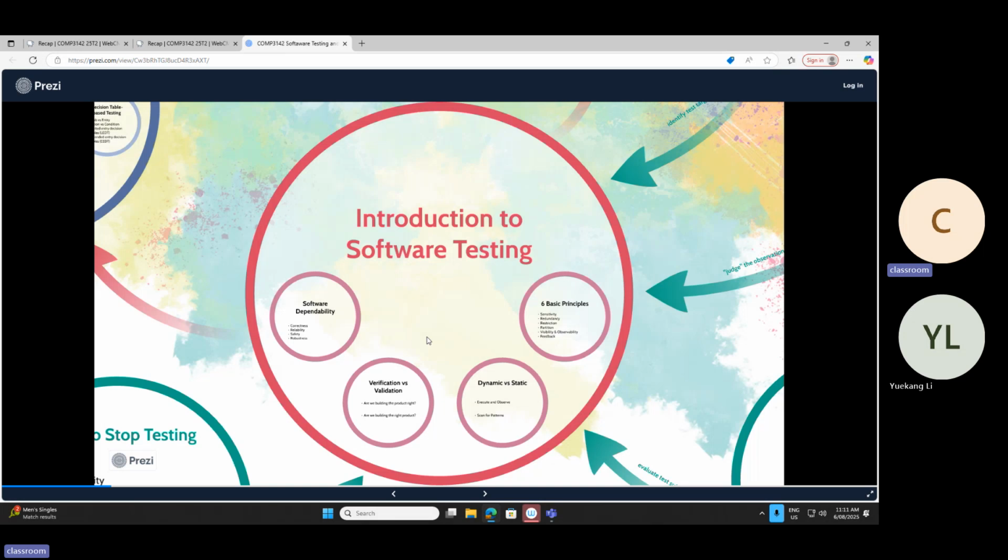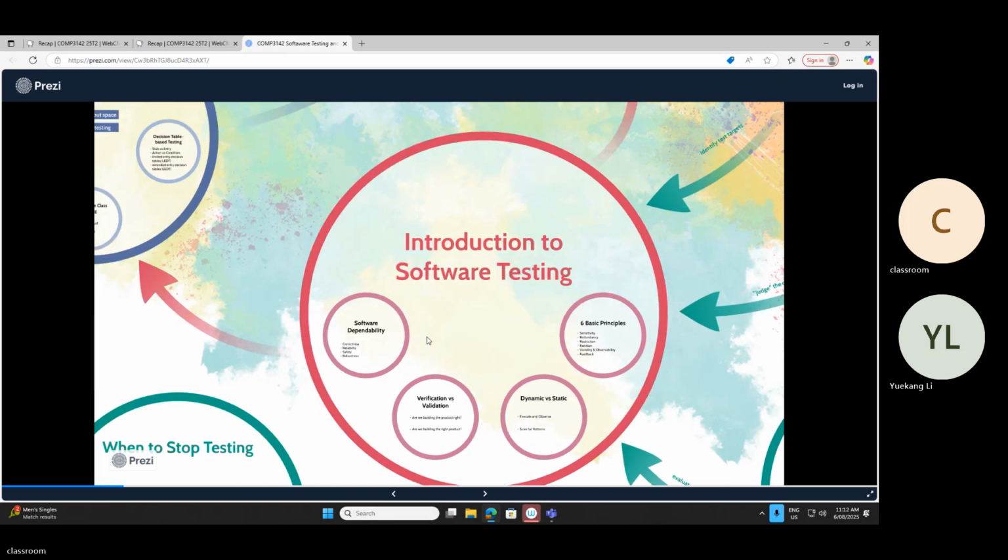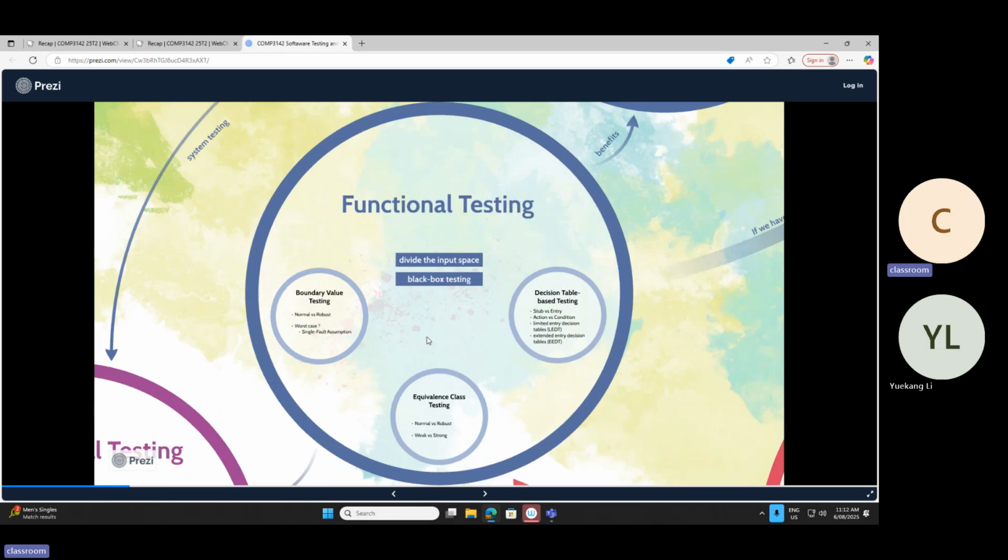After that, what did we learn? We learned functional testing, right? Functional testing is also known as black box testing. Black box testing means that we know nothing inside the program. We don't know what's happening inside the program.